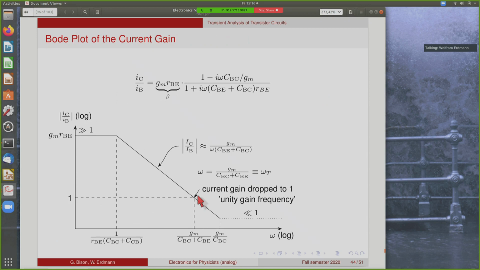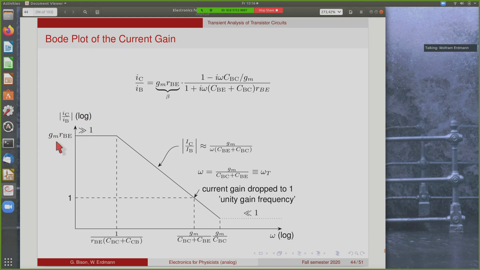We can schematically draw this in a so-called Bode plot, where you look at the current gain, or the ratio of the collector over the base current, as a function of the frequency in a log-log representation. So here's the logarithm of the frequency, here's the logarithm of this ratio.